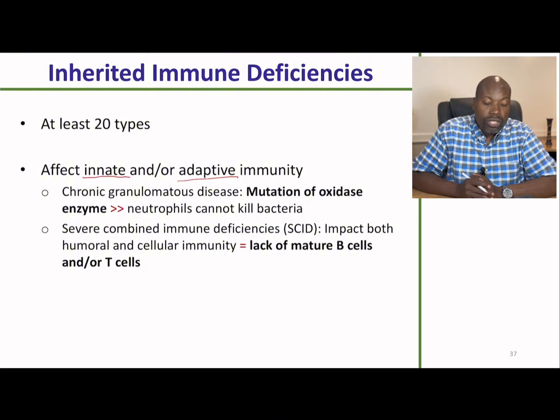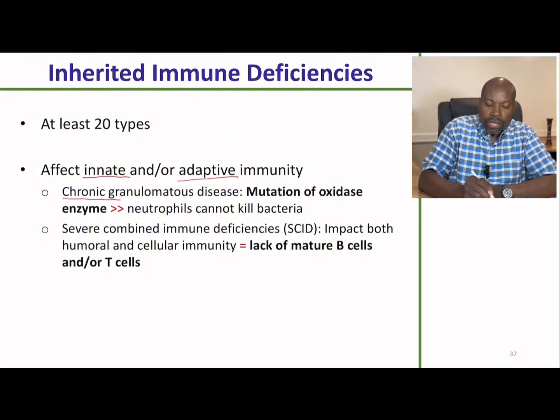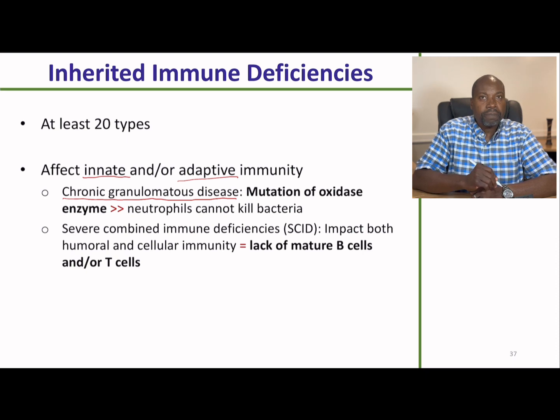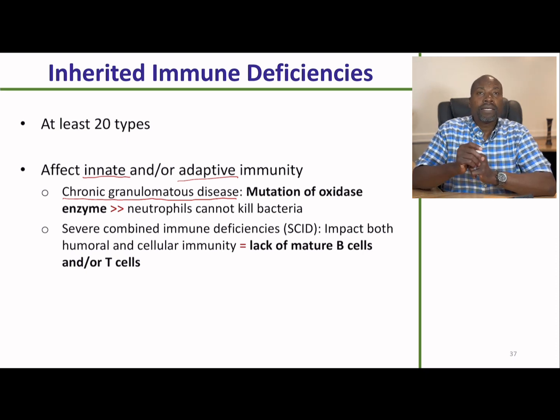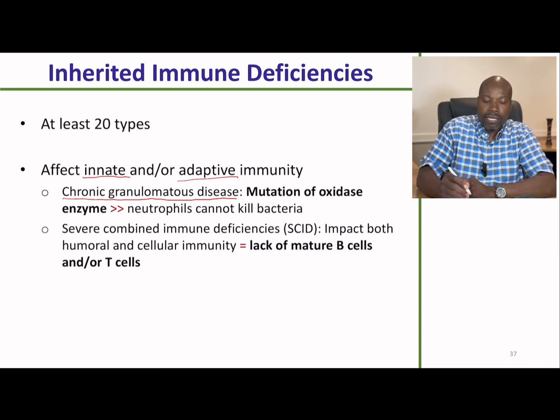Now, there are some conditions including the chronic granulomatous disease, which is caused by a mutation in a gene that encodes an enzyme called an oxidase.